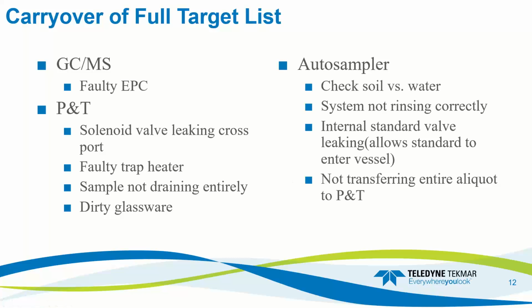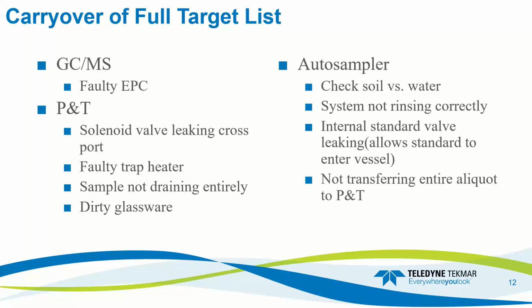And for the auto sampler, if you have the ability to compare a soil sample with a water sample, this could be a very nice troubleshooting tool. If you have a Tekmar product, these pathways are pretty independent of each other. Therefore, if one has carryover and the other one doesn't, that really narrows down where the problem in the sample pathway could be coming from.